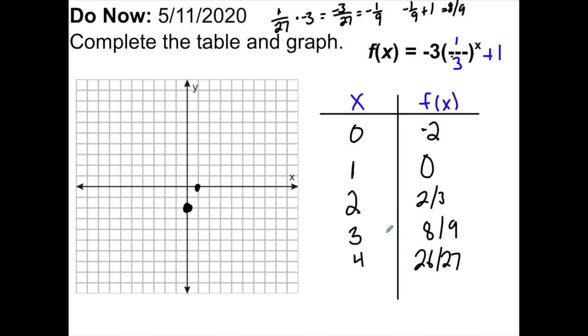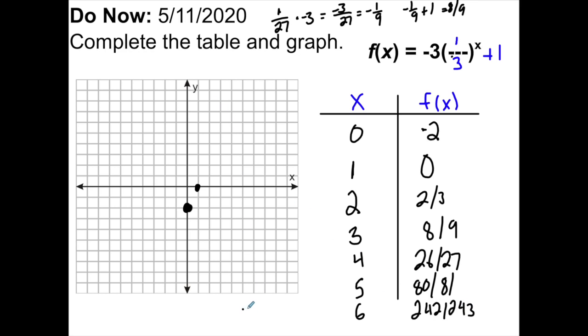So you're getting very, very close to 1. But at this point, we're done because 26/27, how do you graph that? That's almost 1. 5, for example, is going to give us 80/81. 6 is going to give us 242/243. So we want to stop really going in that direction.